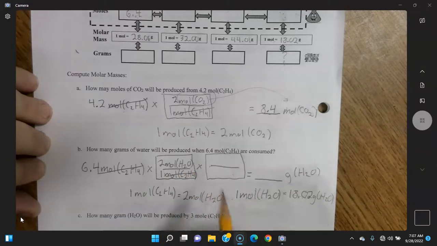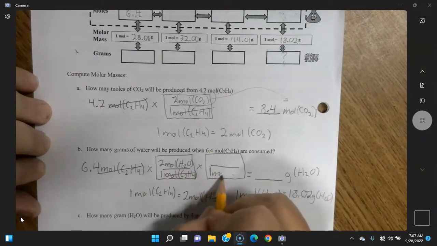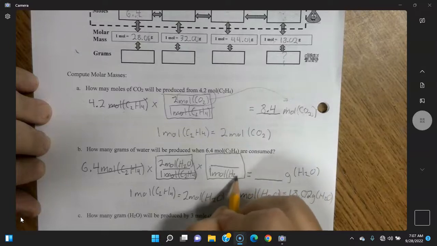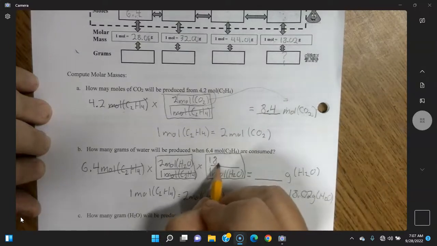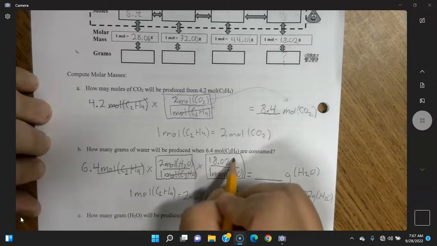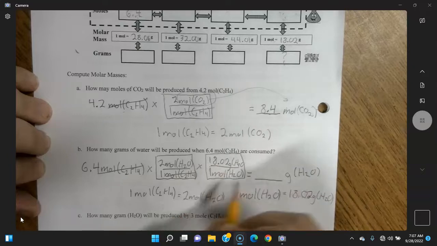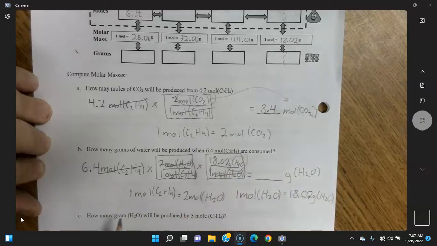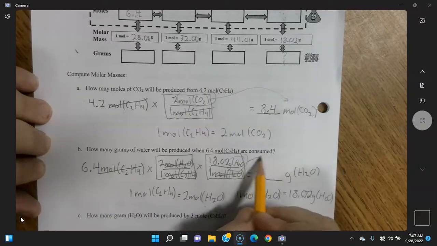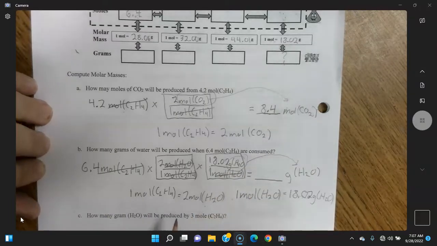So we're going to put this down here. And on top goes the other one. Moles of H2O cancels and cancels. The last man standing is grams of H2O. You didn't cancel that. That has to match up with the units in your final answer.